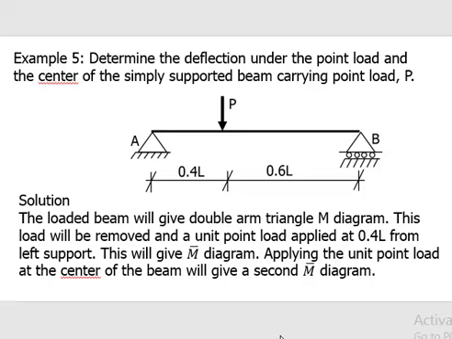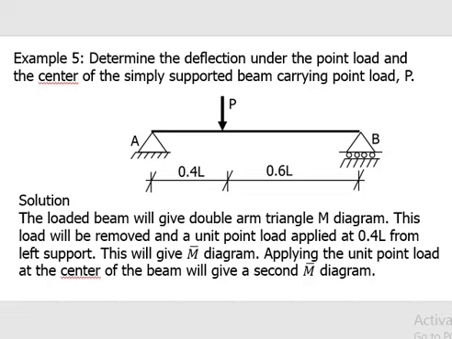This load will be removed and a unit point load applied at the center. So what I mean here is the loaded beam will give a double arm M diagram.